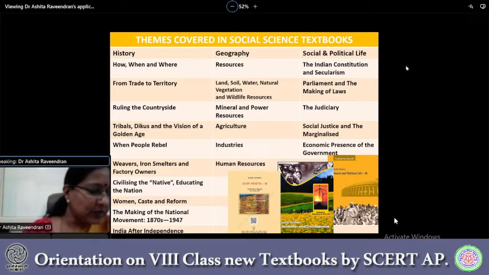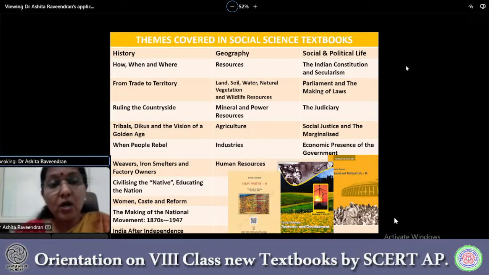So this has been discussed in detail. Then how technology helped in weaving, how it changed the patterns, how it changed the life of the weavers, how they were adversely impacted by it. All these things have been discussed there. Then there is Civilising the Native, Educating the Nation.